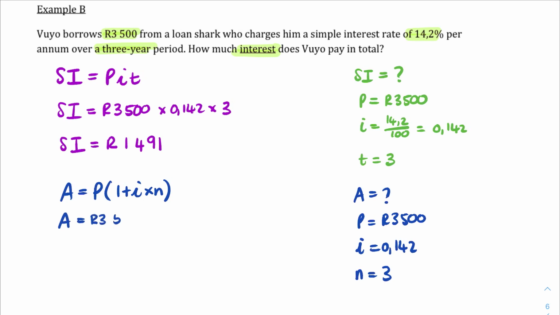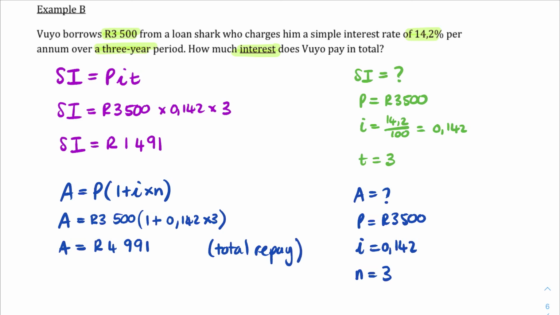So if we substitute 3,500 Rand, so as we substitute everything and we type that in our calculator, exactly like what we see, our calculator tells us this is 4,991 Rand. Now, this amount of money here, well, this here is not the interest. This, in fact, is the total repayment. If he borrowed 3,500, he's going to repay 4,991 Rand.